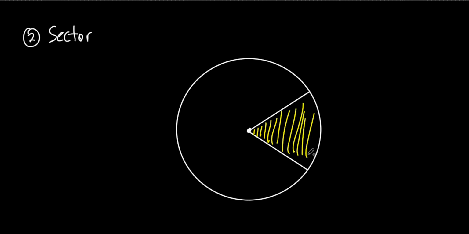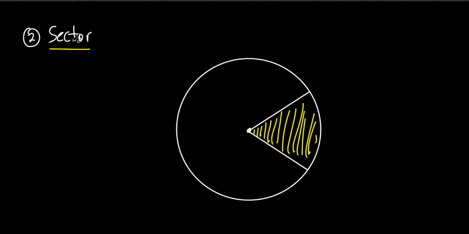All the way, so I'm just shading this in. Just pretend I could color all that space in. That right there is a sector. So it's basically like a piece of the pie or the piece of the pizza. I like pizza better than pie, but I like pie too. Anyway, this is a part of that whole entire circle. That's basically what a sector is.